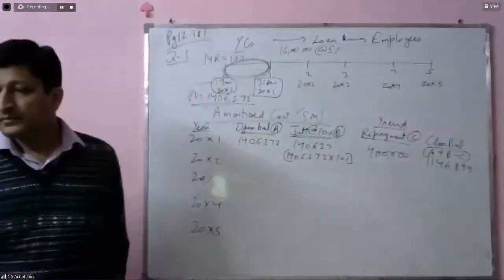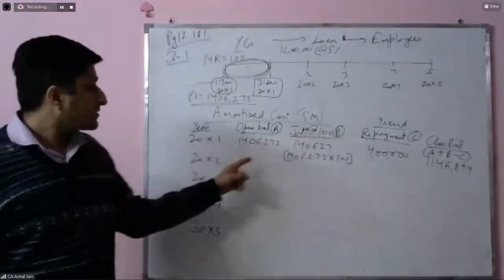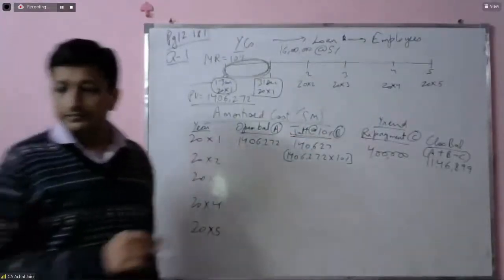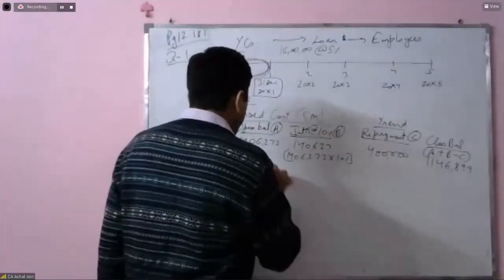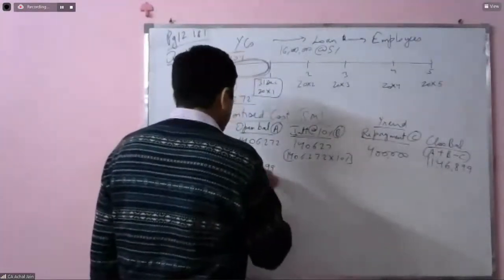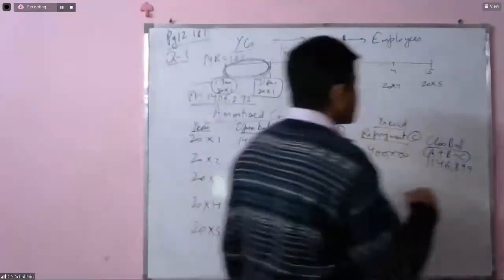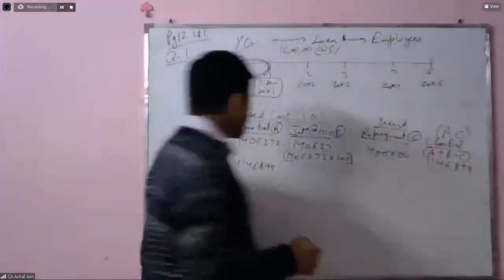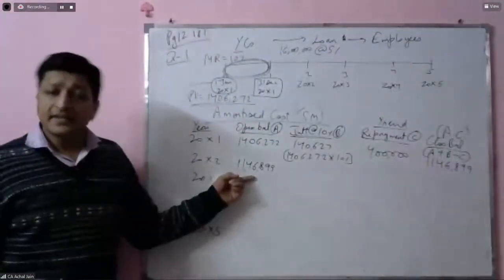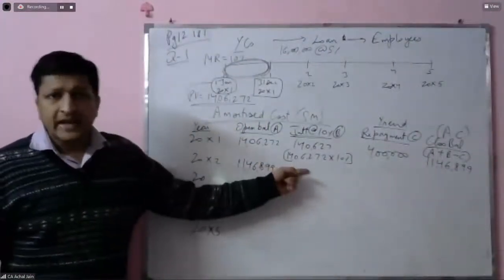Now this closing balance will become the opening balance over here, 11,46,899. And this is also called amortized cost. Similarly, we will accrete interest on this at the rate of 10%.